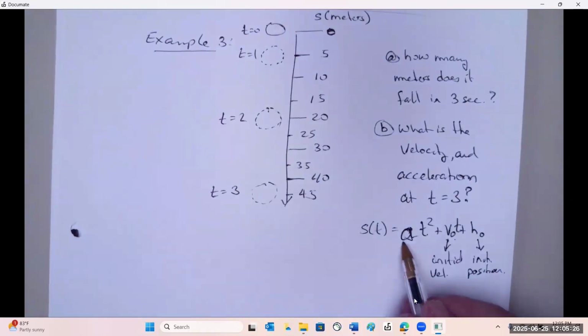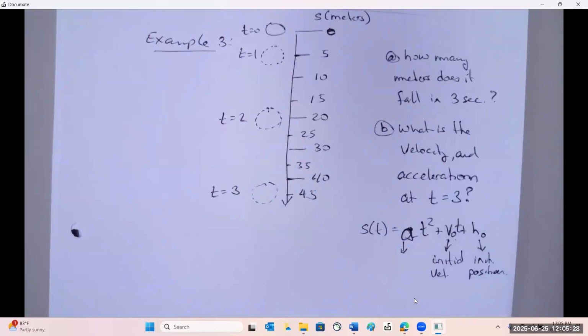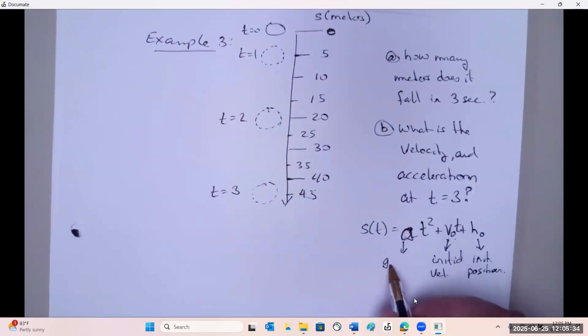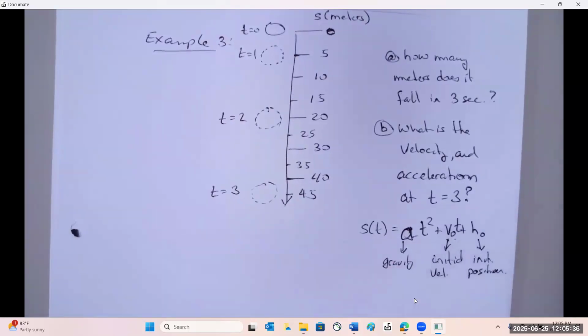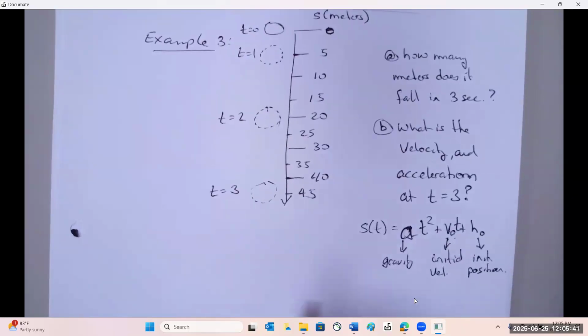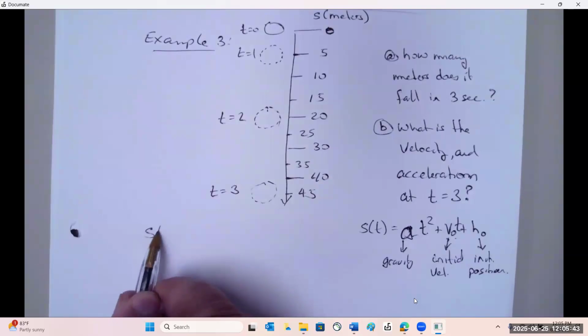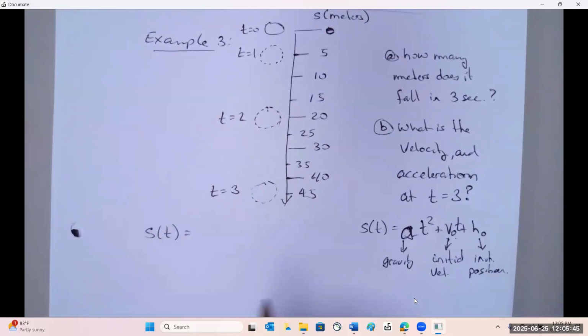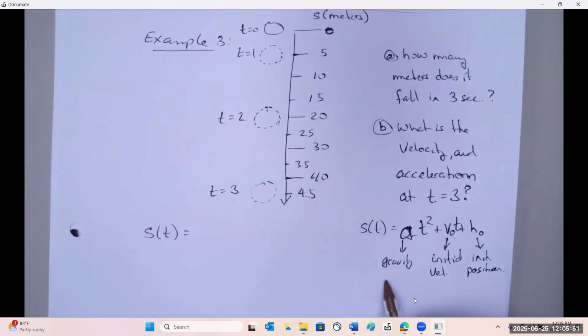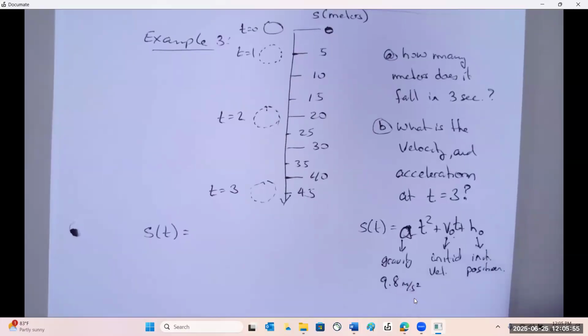And A represents acceleration of gravity. The only force acting is gravity. It is acceleration, yes. So we're going to have to use the function, since we're dealing with meters per second, we have to use 9.8 meters per second squared.